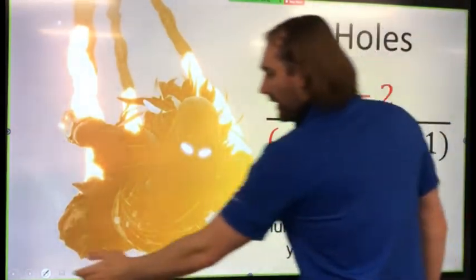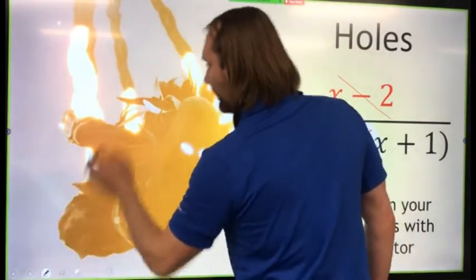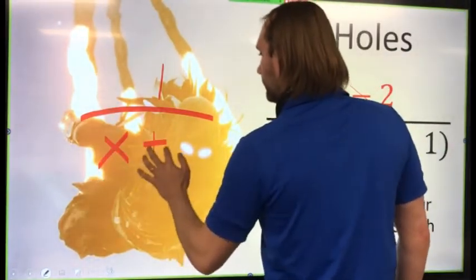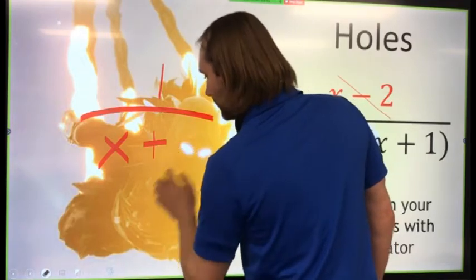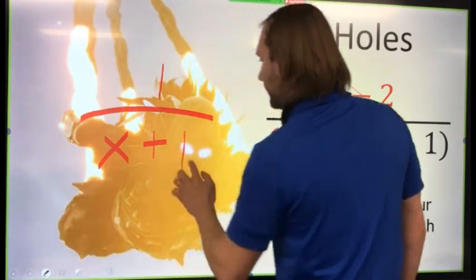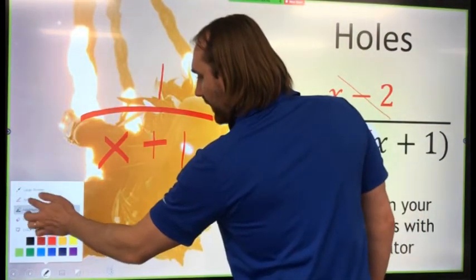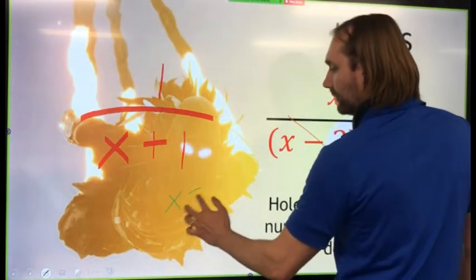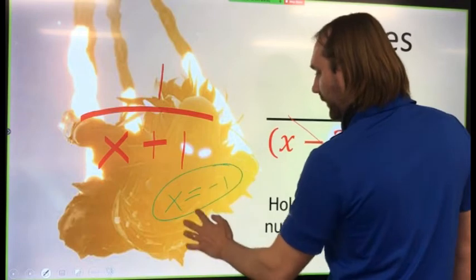That's going to give me a new rational function of 1 over x plus 1, which means I'm going to have a vertical asymptote at x equals minus 1. That's my vertical asymptote.